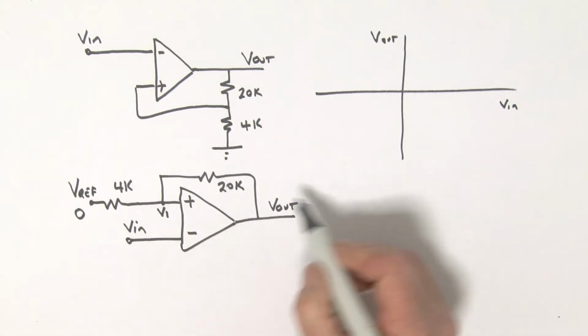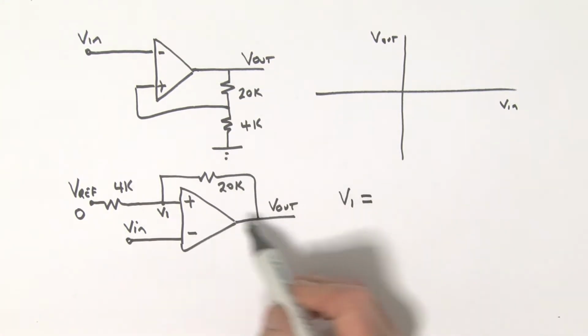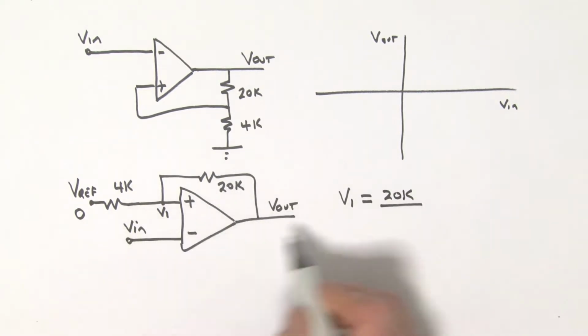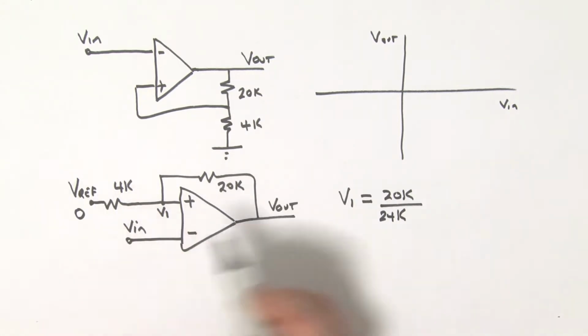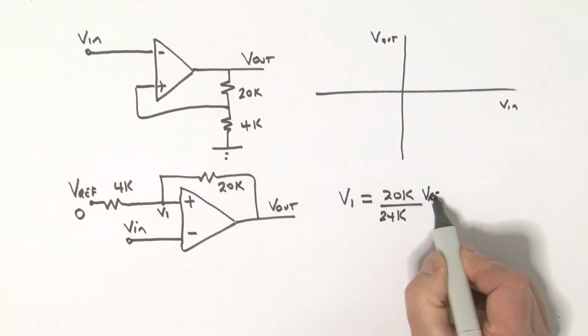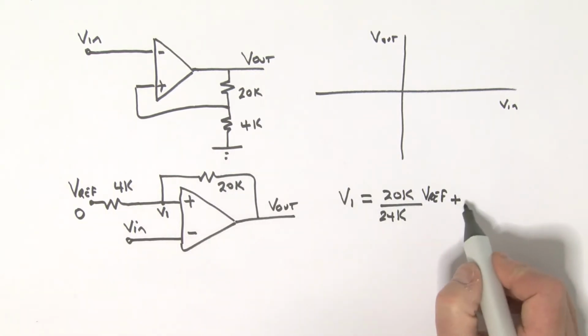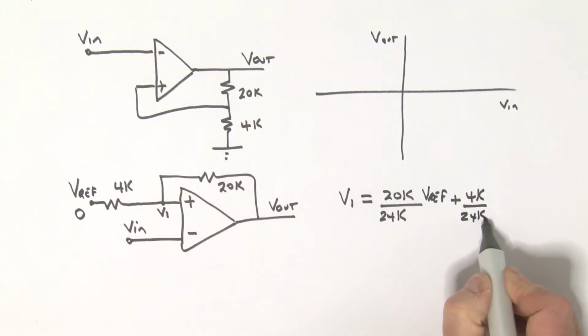Okay, so let's see what we can do here. First of all, let's write the equation down for V1. V1 is equal to, well, what is it equal to? It's this 20K divided by the sum of the two, which is 24K, times that reference voltage, V reference, plus 4K divided by the sum of the two, which is 24K, times what?